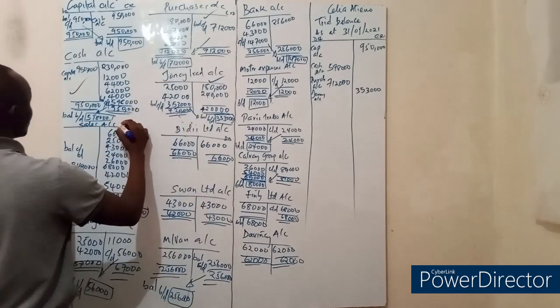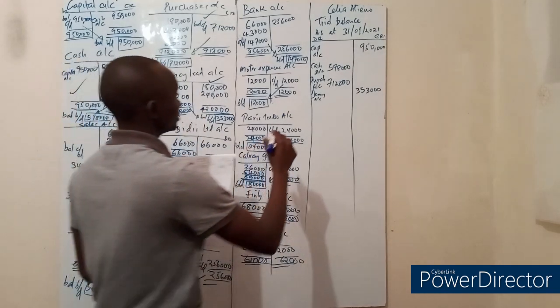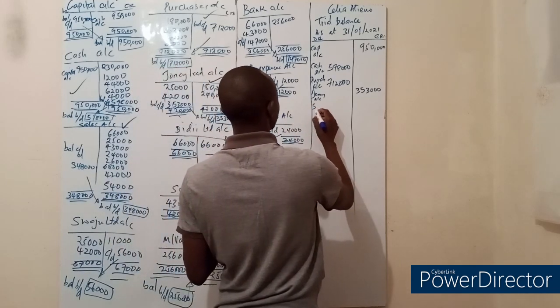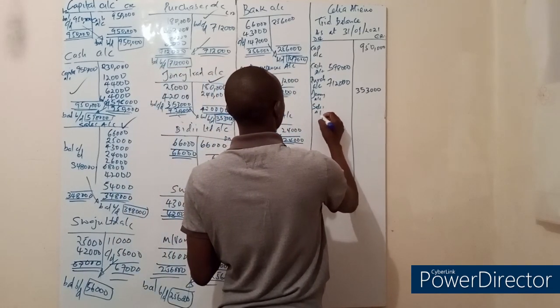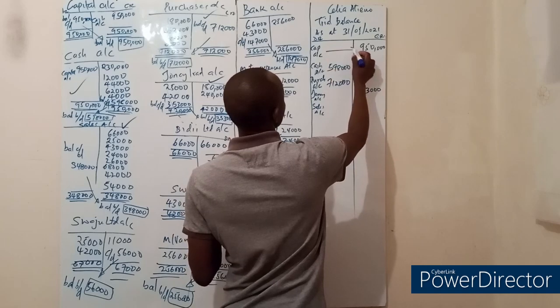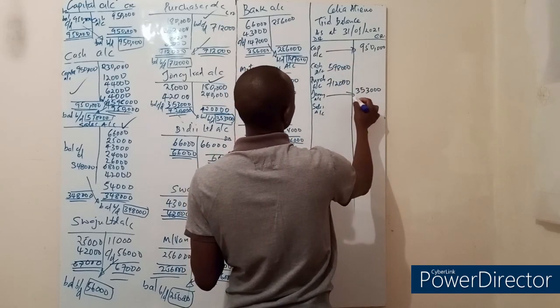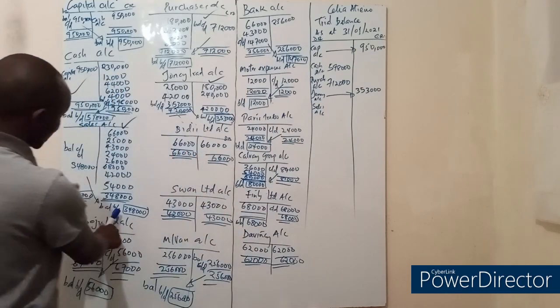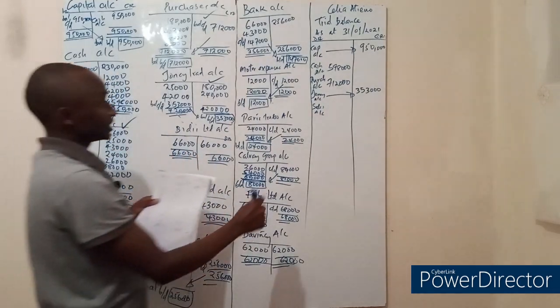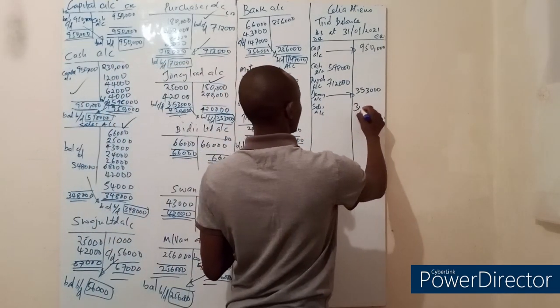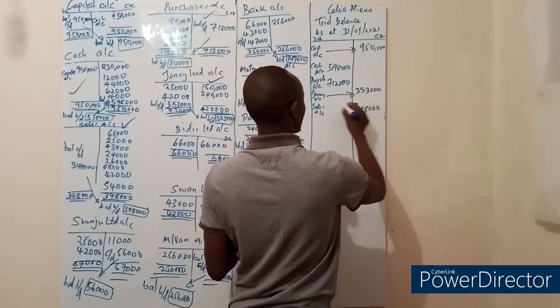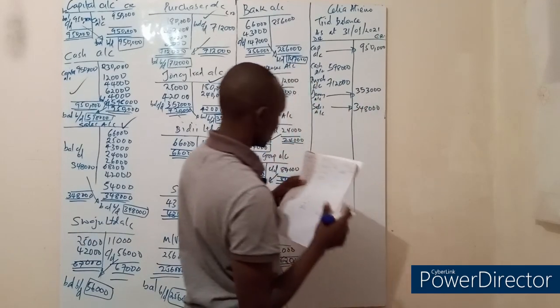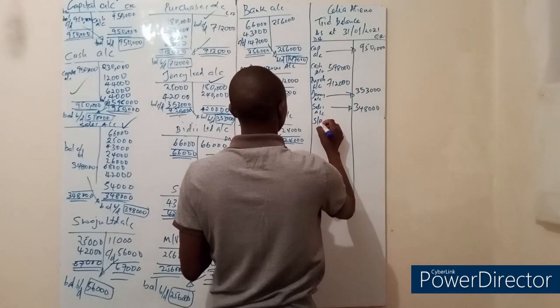Right, and then we come to sales account. Sales account is on the credit side 348,000. 348,000 on the credit side, and then sales returns account.